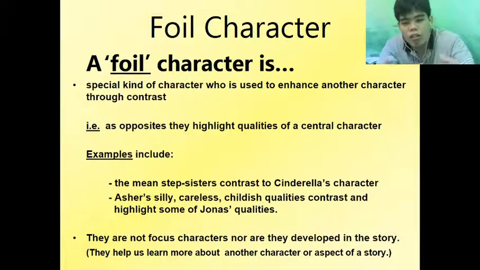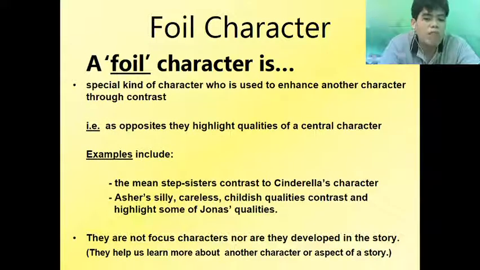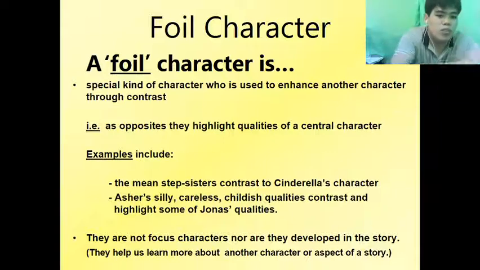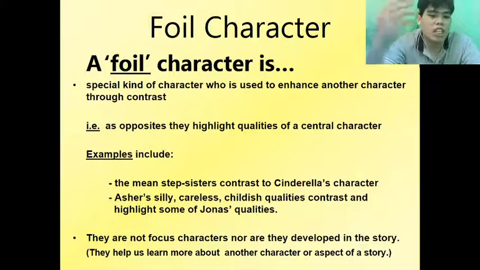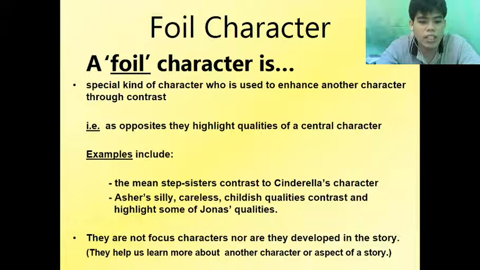How can we really give focus on his handsomeness or his strength? By having a character opposite to him, an ugly and very weak character, which is always being compared to him. So that is a foil character. Examples include the stepsisters, in contrast to Cinderella.